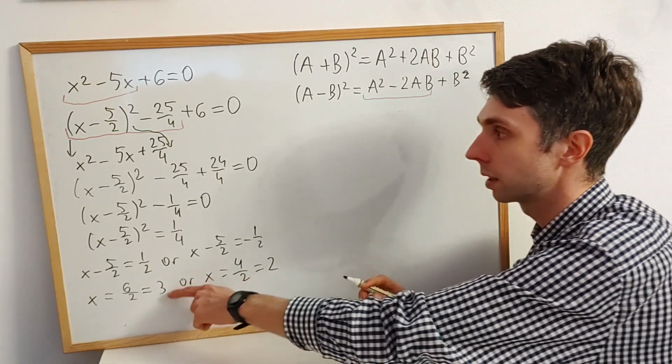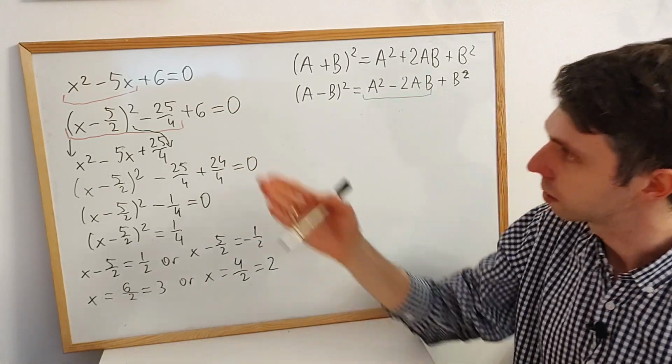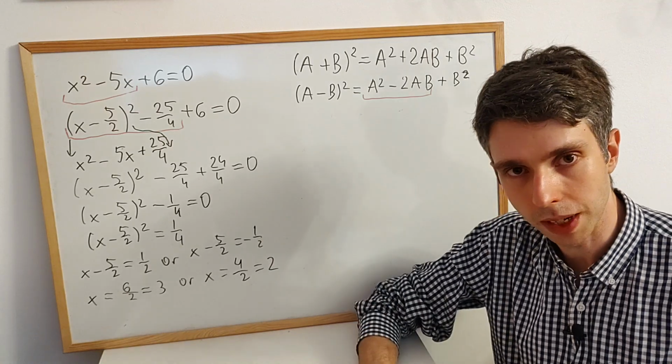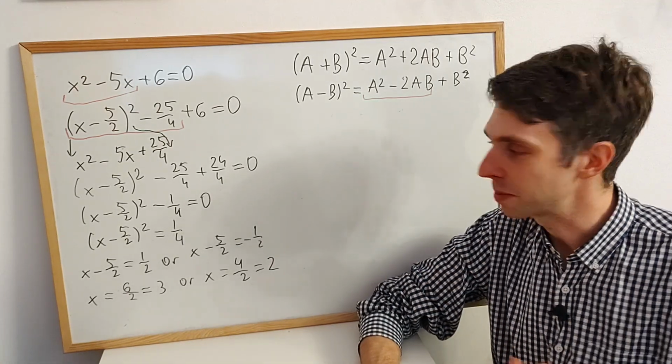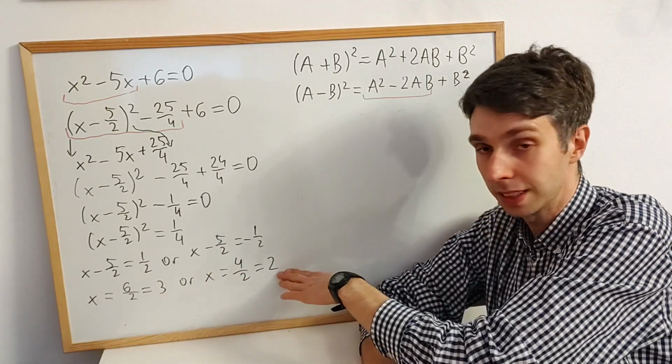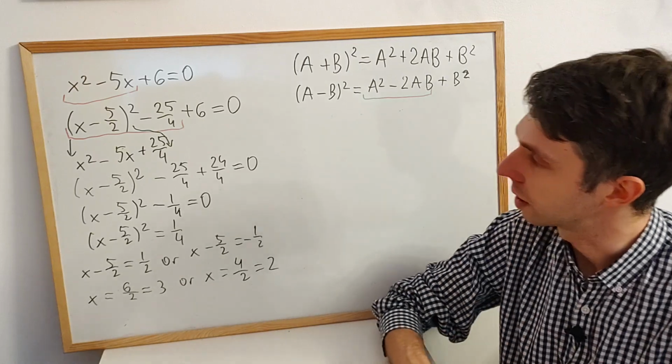So here are the two solutions of this equation, and if you try to solve it in the standard method using delta, or you check my previous video, you will see that these are exactly the same solutions which we got before.